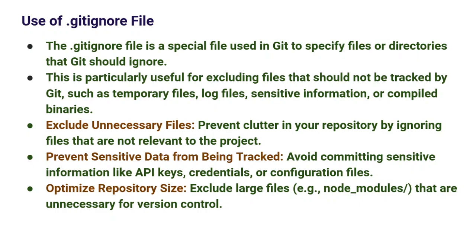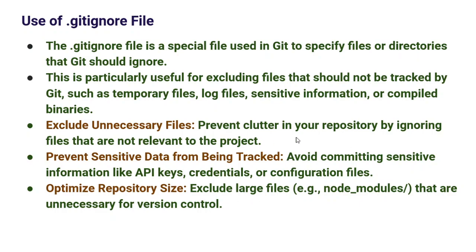Also, it will help to optimize the repository size. For example, let's take a module. In your project, you have a folder called node_modules that contains files which are not relevant for any project related work. Those are not relevant to be committed into the local repo or remote repo.